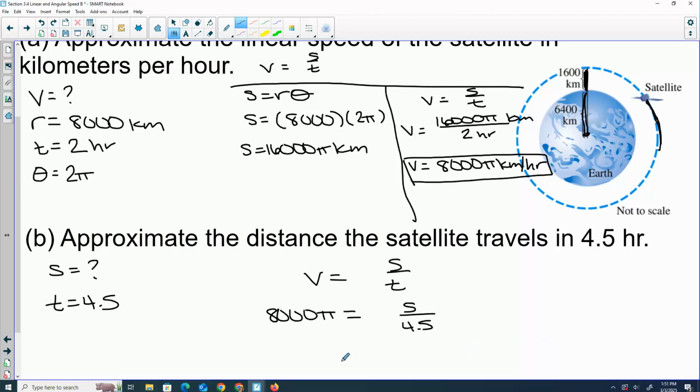So if we multiply that over, pi. And my units for S are always the same as the radius, it's just kilometers.